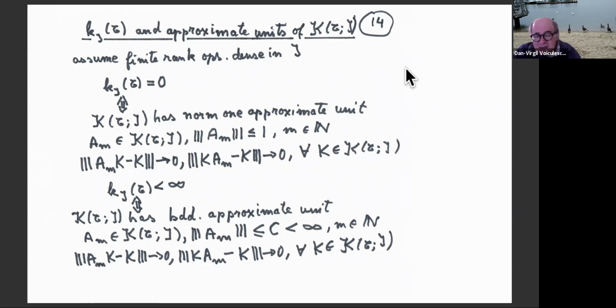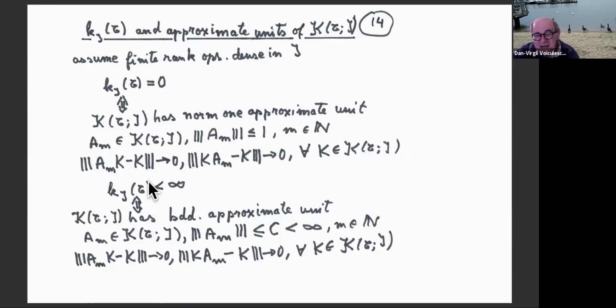And here the connection is the following. The quasi-central modulus of tau, mod the ideal I, is 0 if and only if this K tau I, the compact ideal in the commutant mod I, has a norm 1 approximate unit. If and only if there is an approximate unit which is contractive, contractive in this norm.